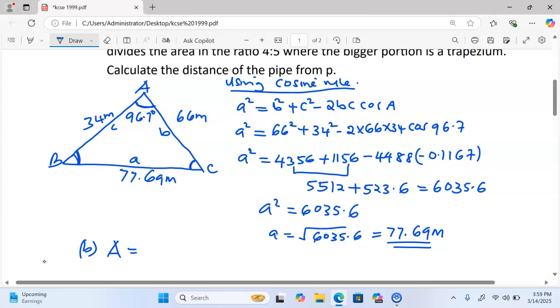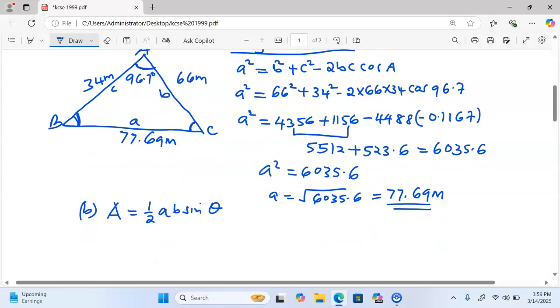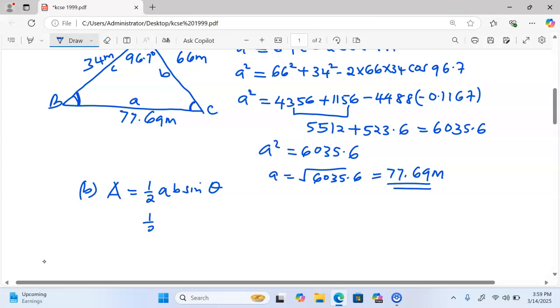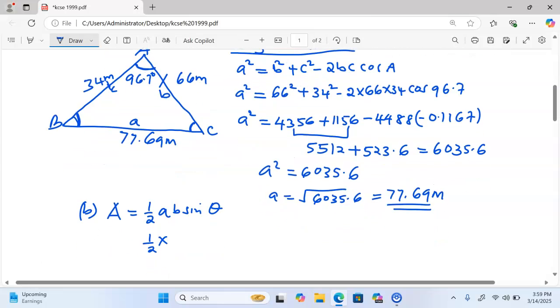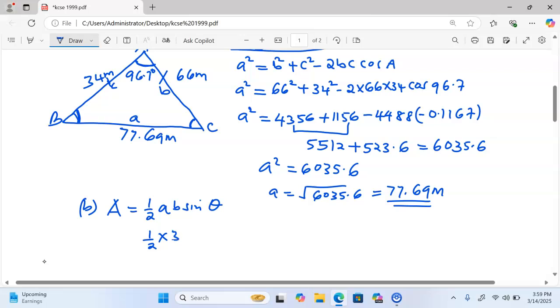Given two sides of the triangle and an included angle, we use half ab sine theta. In this case, we are going to have half multiplied by the two sides given, that is 34 times 66.